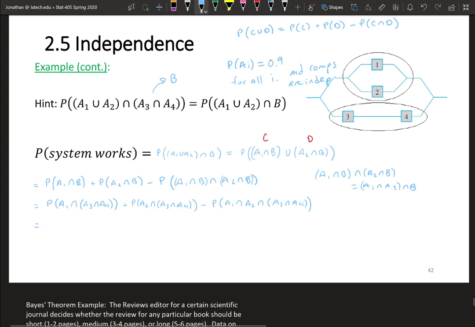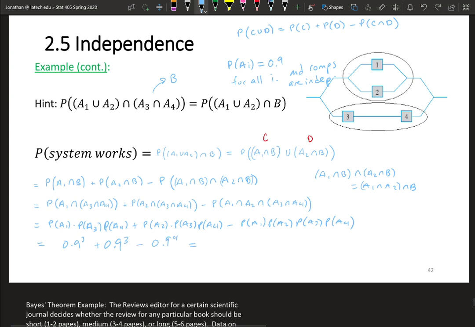So this is going to be probability of A1 times PA2, or PA3, sorry, times PA4, plus probability A2 times probability A3 times probability A4, minus probability A1, probability A2, probability A3 times probability A4. So this is going to be 0.9 cubed plus 0.9 cubed minus 0.9 to the 4.